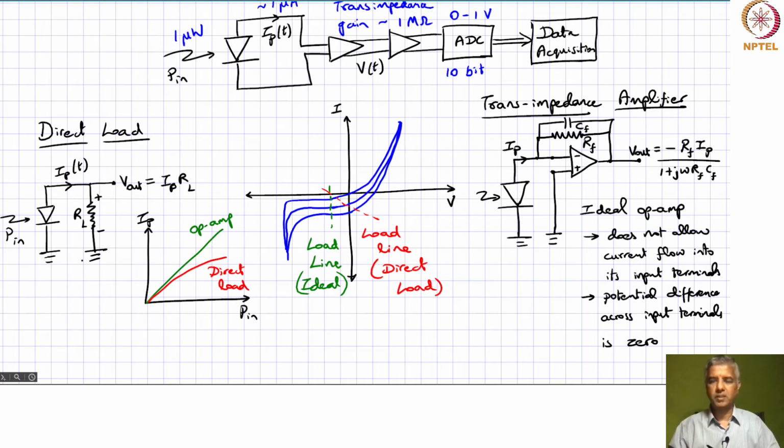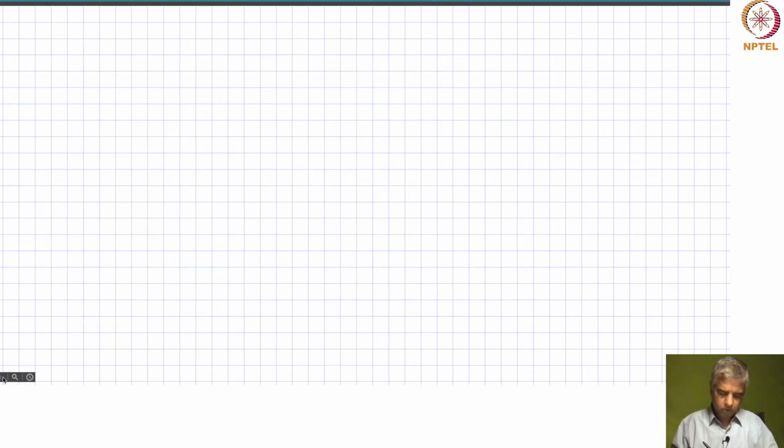So that's not anything different compared to what's happening with this transimpedance amplifier case. However, there is something else that's happening in a transimpedance amplifier which further constricts the bandwidth. So what is that? Let's look at this in a little more detail.